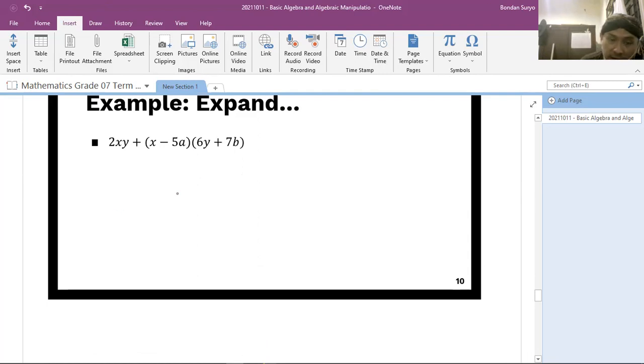Now, let's say this one, 2xy. Is there an operation in 2xy? I'm afraid not. Just make it 2xy. How about this one? This becomes 6xy, and this becomes 7xb.